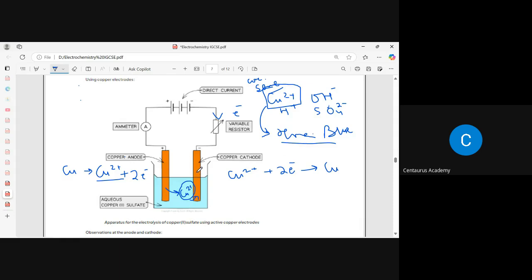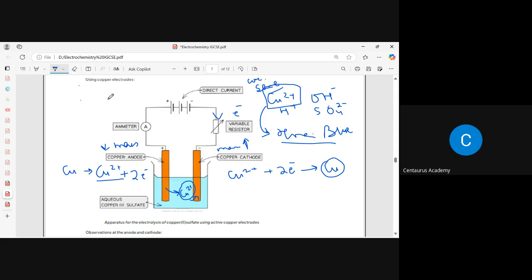Now what happens to the mass of the copper cathode? The mass of the copper cathode increases because of greater deposition of copper onto the cathode, and the anode, since it dissolves, loses mass, so its mass decreases. All right, is this point clear so far?